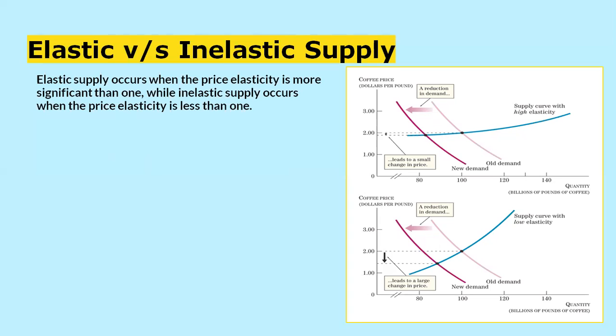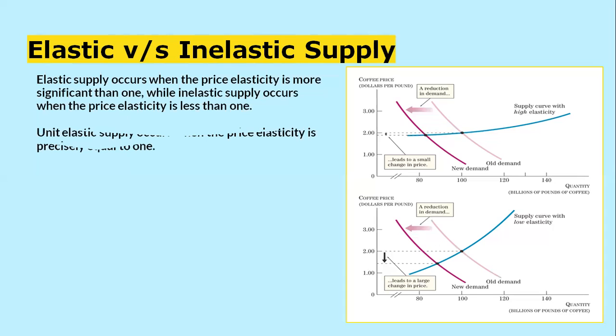Elastic supply occurs when the price elasticity is greater than 1, while inelastic supply occurs when the price elasticity is less than 1. Unit elastic supply occurs when the price elasticity is precisely equal to 1.